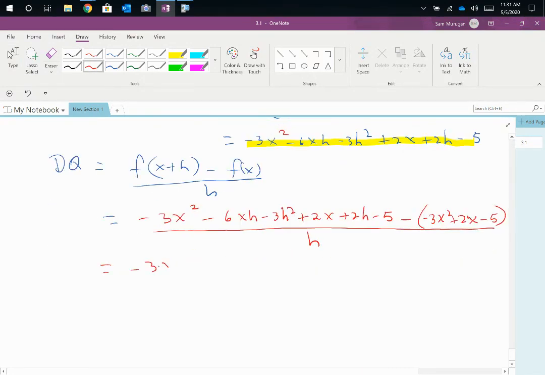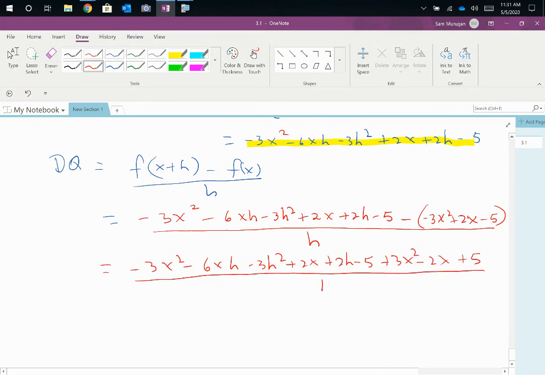So this is negative 3x squared minus 6xh minus 3h squared plus 2x plus 2h minus 5 plus 3x squared minus 2x plus 5 over h.